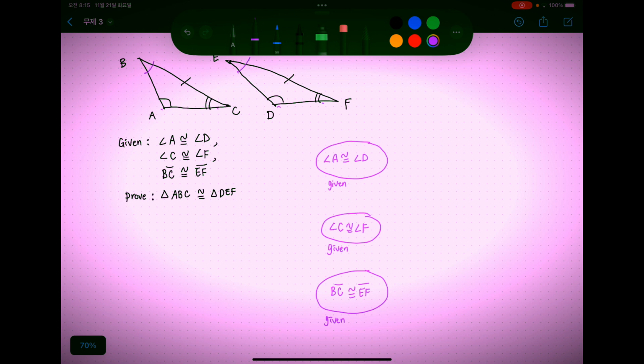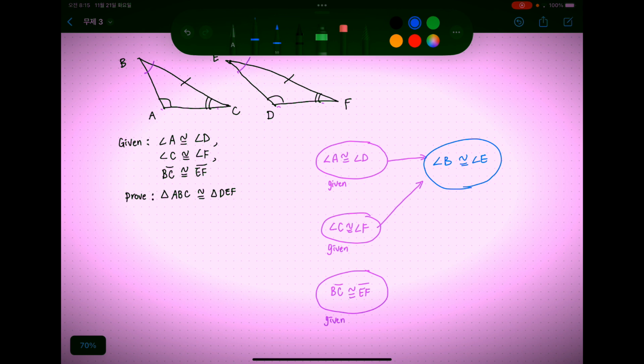So knowing these two pieces of information, we can say B is congruent to E. And why?